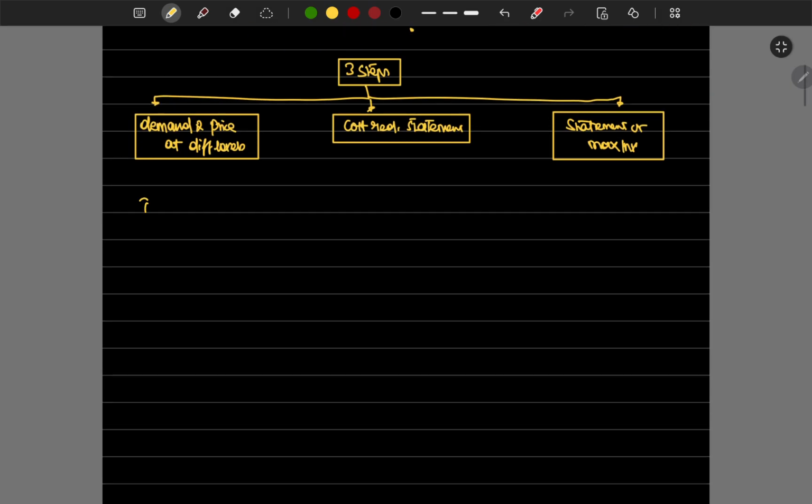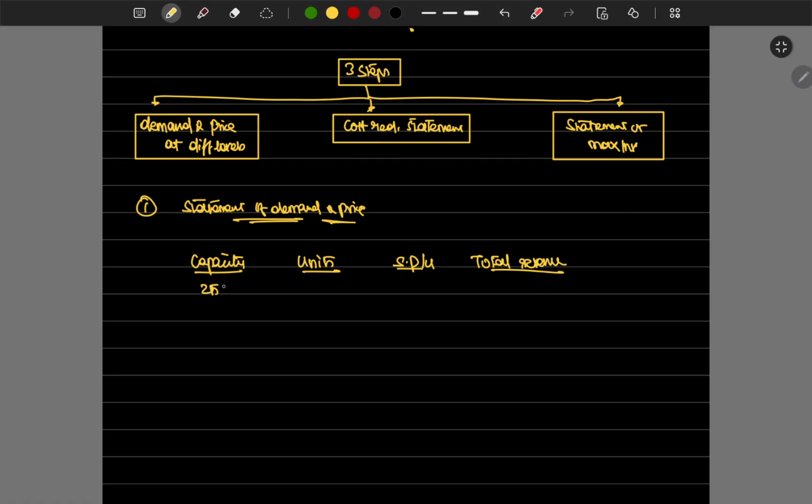So the first step is the statement of demand and price. We'll put the capacity first: capacity units, selling price per unit, total revenue.